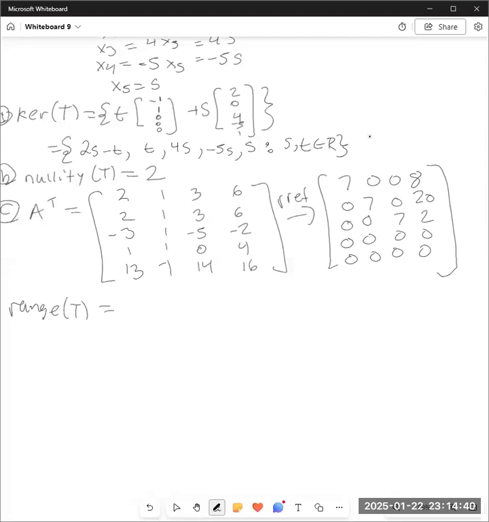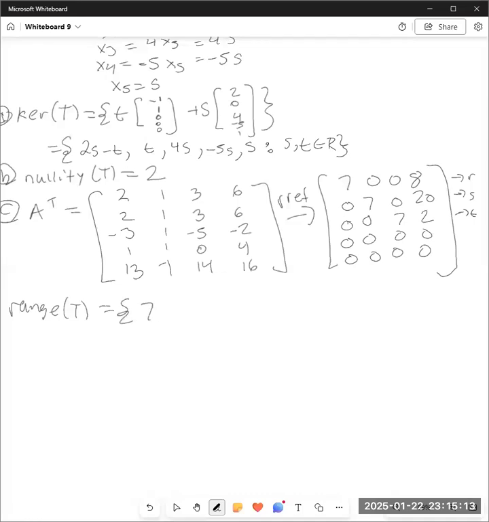The columns here, I don't think I've shown you that yet, but we have RST is what I'm going to go for, that this is my row of r's, this is my row of s's, and this is my row of t's right here, and I'm going to read them down for my range.